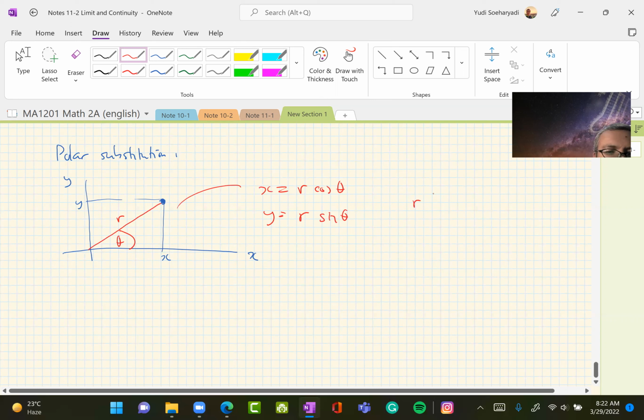So r is non-negative, and theta is between 0 and 2 pi. We'll use this substitution.